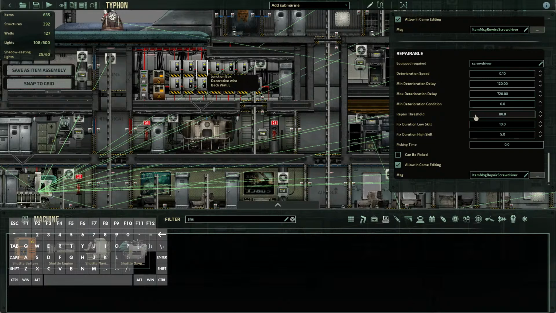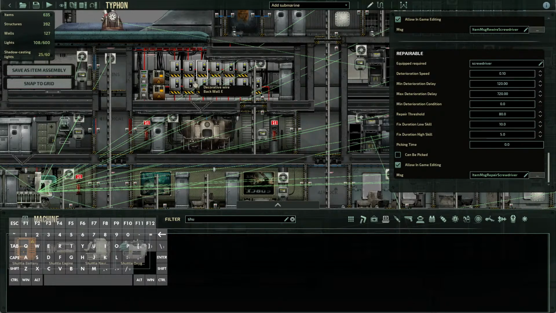Right? And I don't think it says in here what the fire threat is. If it reaches 0%, there's a certain percent chance that it's going to burst into flames. If it bursts into flames, there's 2 problems with that. 1, it's going to start damaging all the components around it. And 2, you cannot approach the other junction boxes to fix them while this fire's in place.